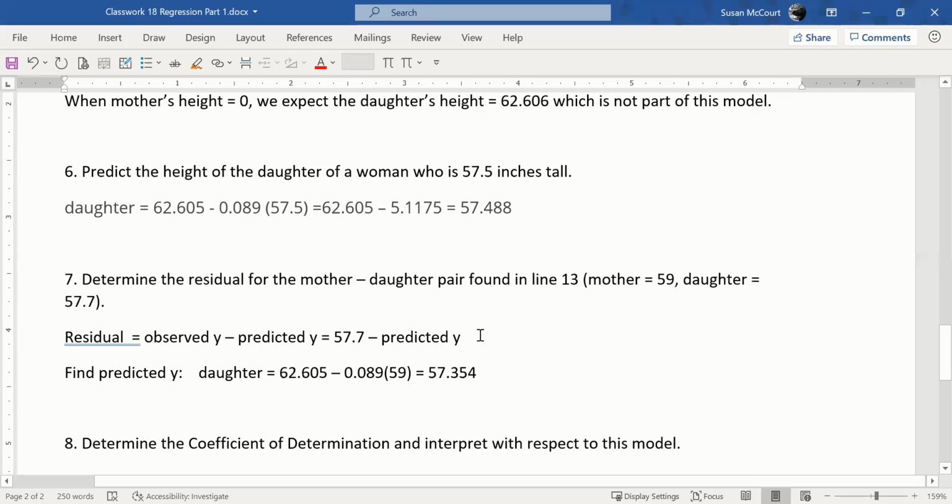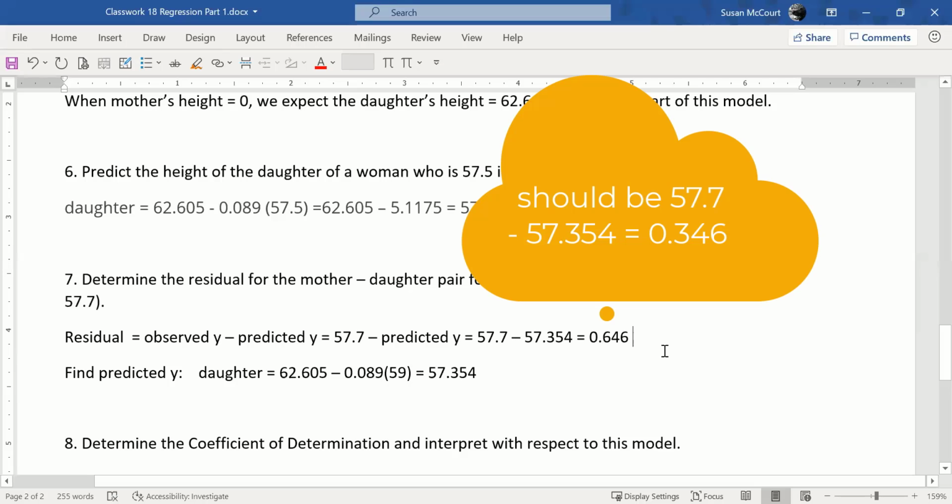And now I'm going to put that into this equation up here. So this is 57.7 minus 57.354. So I get 0.646. Pretty close.